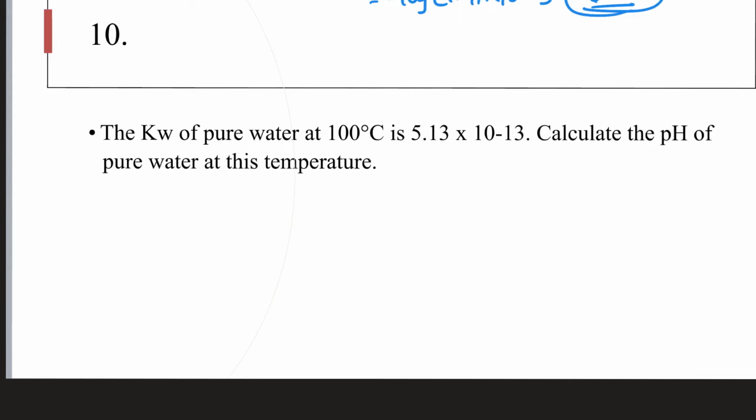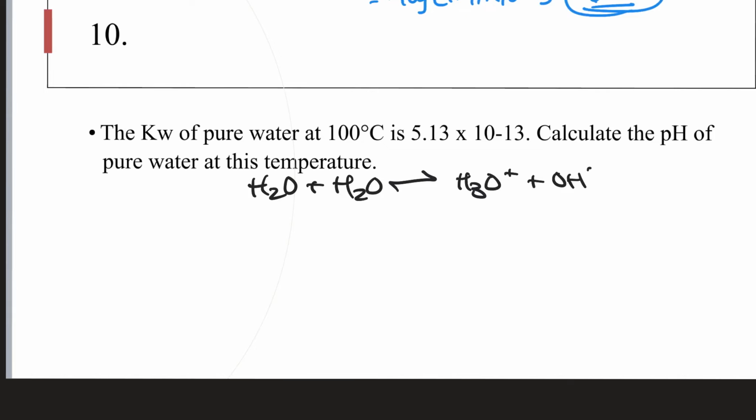Same steps as the last question. Autoionization of water makes some H3O plus and OH minus. For every two water molecules, you make one of each.